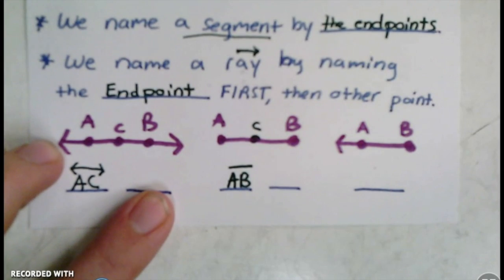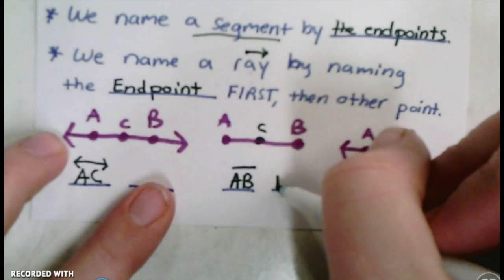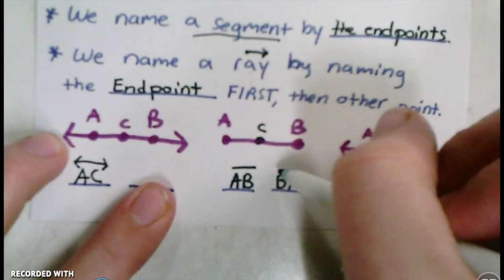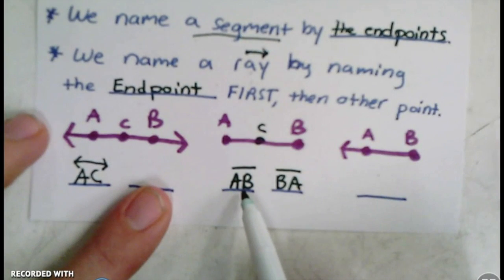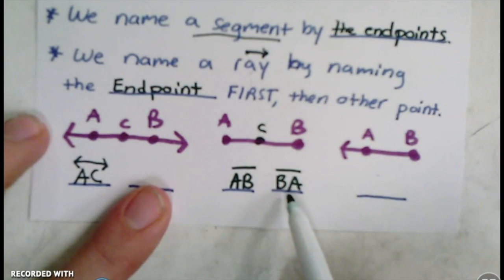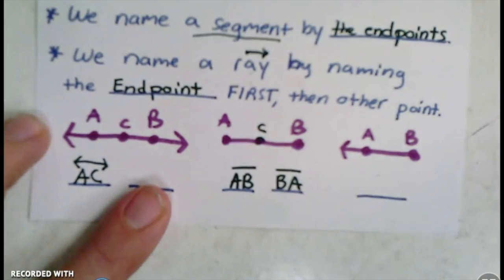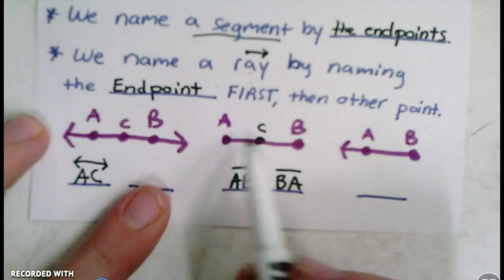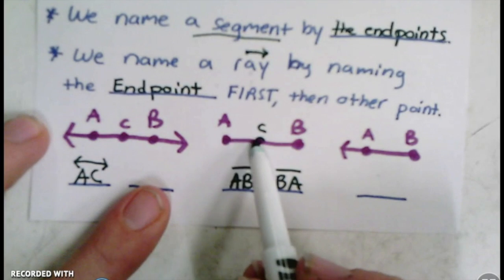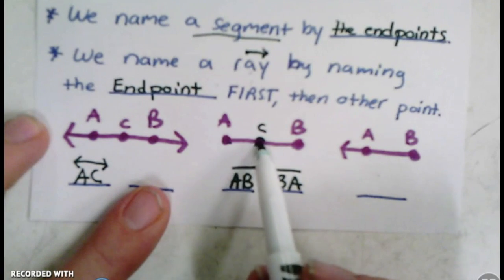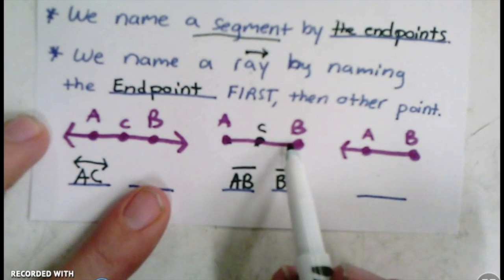It can be AB or it can be BA. This means line segment AB, line segment BA. It's the same thing. We're talking about the distance from here to here. If I did AC, I would only be talking about this line segment right here. I would not be talking about this part also.